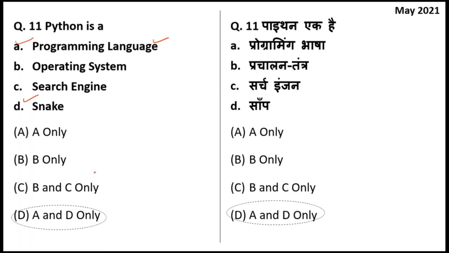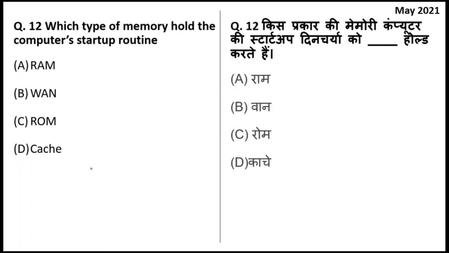Okay, next question. Which type of memory holds the computer startup routine? So when the computer starts, which memory has all the information about the computer startup? So that is ROM. ROM stands for read only memory. There is a program called BIOS that is embedded inside the ROM. It means basic input output system.